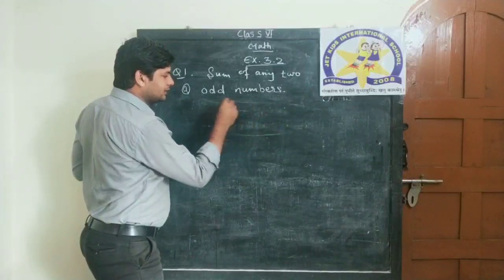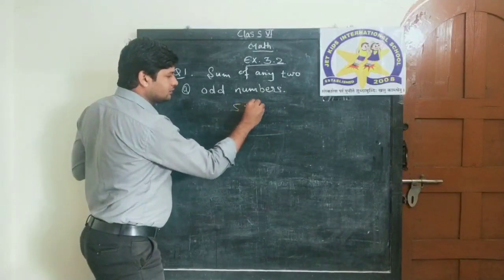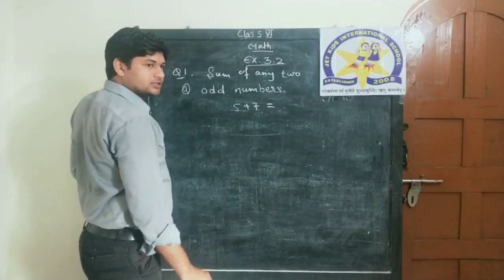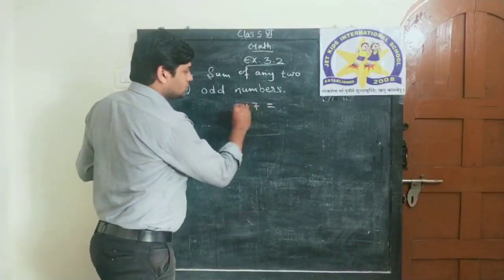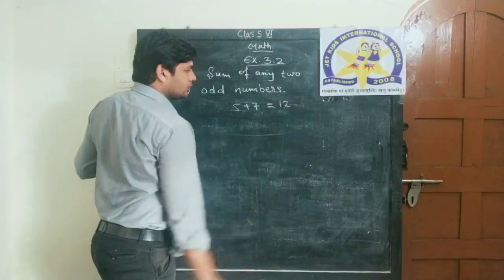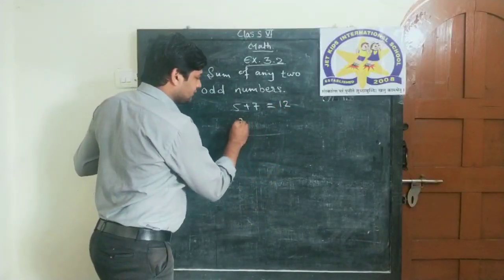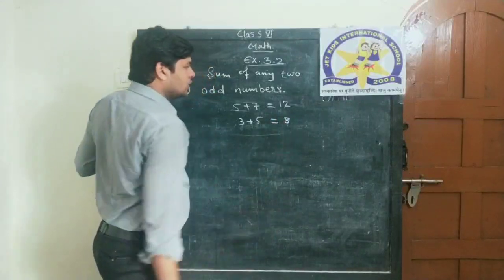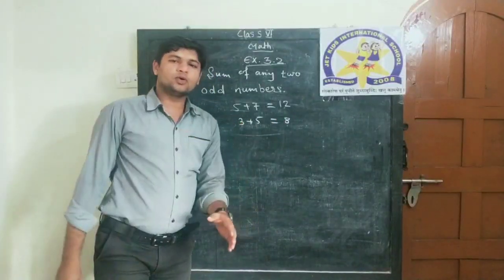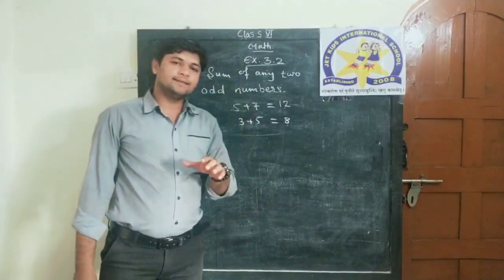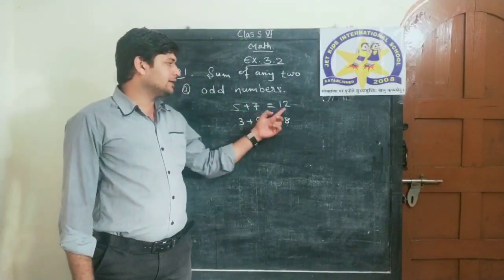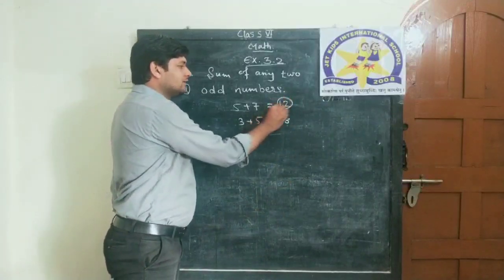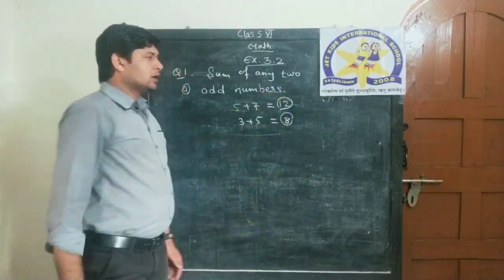For example, I am taking 5 plus 7. How much? 12. Clear? Now very simple, 3 plus 5, 8. If you take any two odd numbers and add them, you will get an even number as the answer. Keep in your mind: 12 is an even number, and 8 is also an even number.